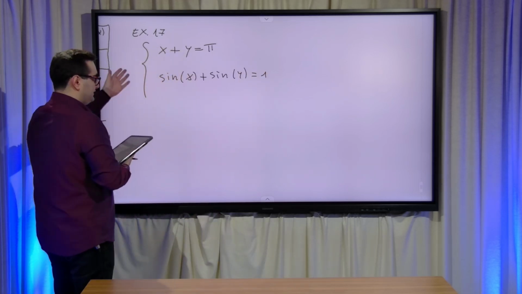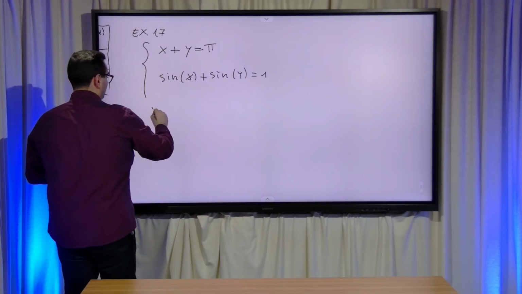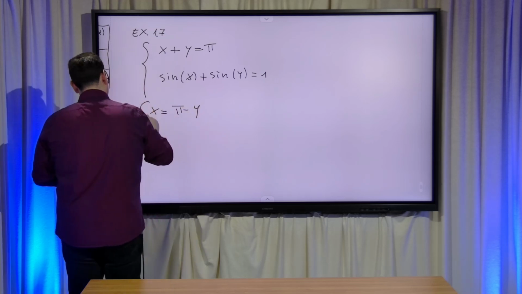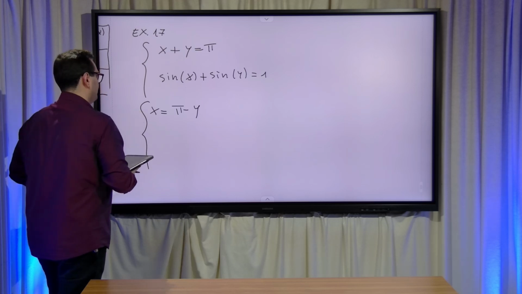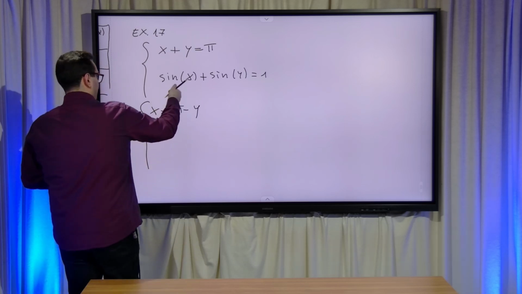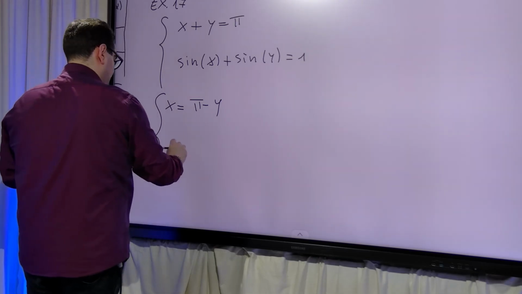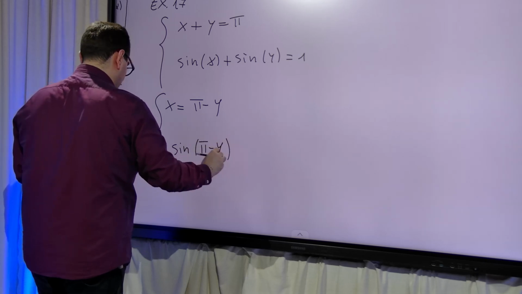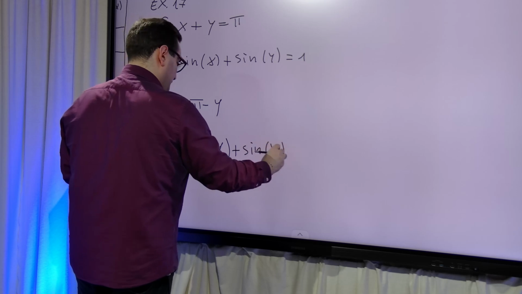I can solve this system by substitution. So from the first one I get pi minus y, and this equation, I'm gonna replace x here. So sine of pi minus y plus sine of y is equal to 1.